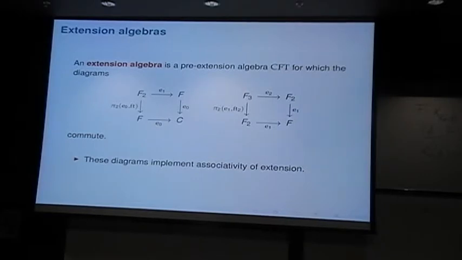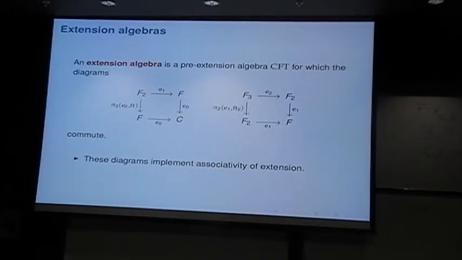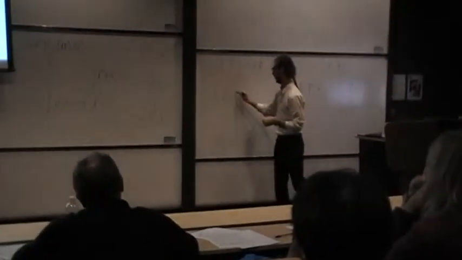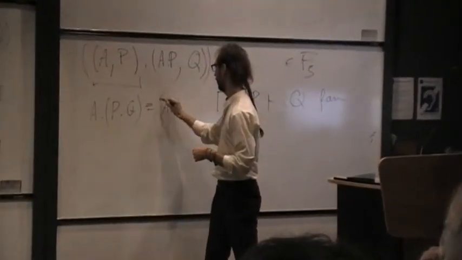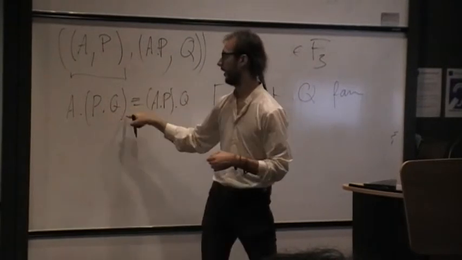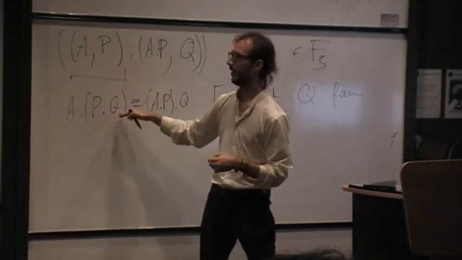There were two rules for the associativity: one at the context level, one at the family level. In one of the rules you saw this P dot Q appearing. One of the rules was A dot P dot Q is the same thing as A dot P dot Q. So here we needed to have access to the E2.